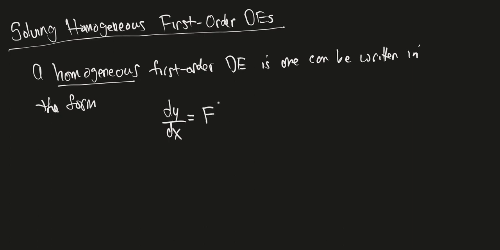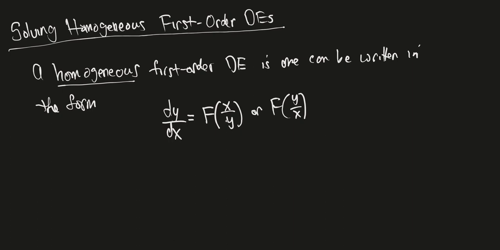function on this side, but now it's a function of either x over y or y over x, right? And that looks a little strange, but basically what this is saying is anytime you have a variable on the right hand side of your normal form, then it has to be a ratio of two variables.